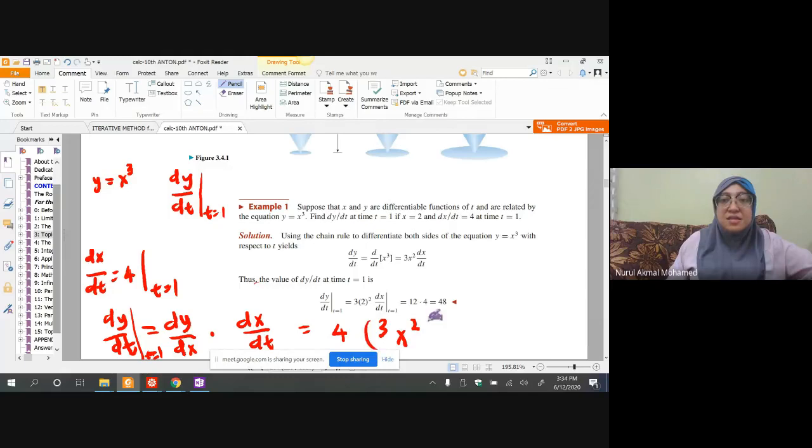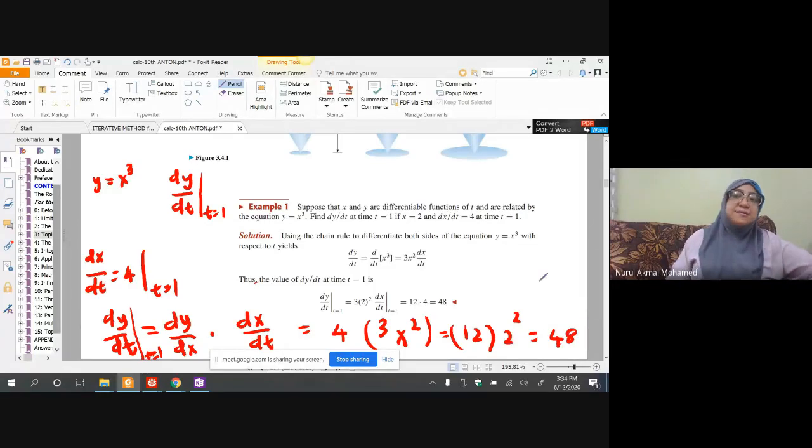And the question gives you that x is equal to 2. You just substitute x equal to 2 here. Then you get 12 multiplied with 4. So the answer should be 48. This is the final answer.